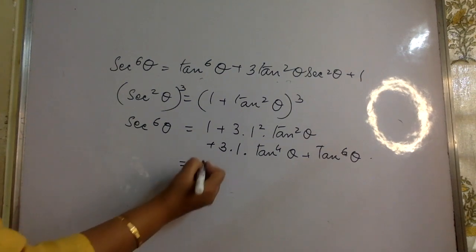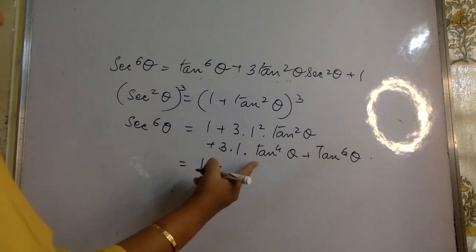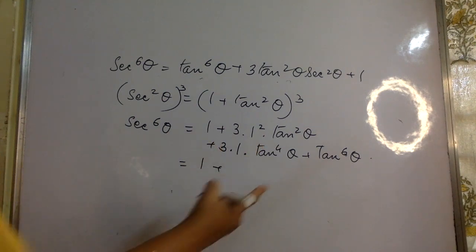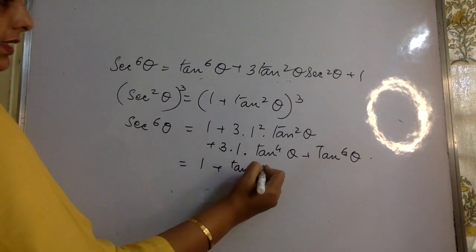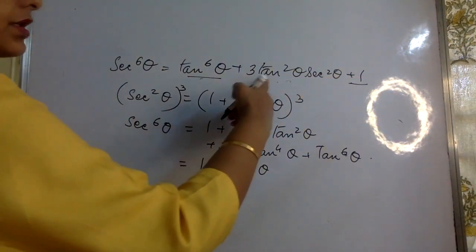That gives me 1 as it is, this was 1 cube, plus I'll just copy the tan to the power 6 theta. So I've got this term and this term ready. Now I just have to get this.